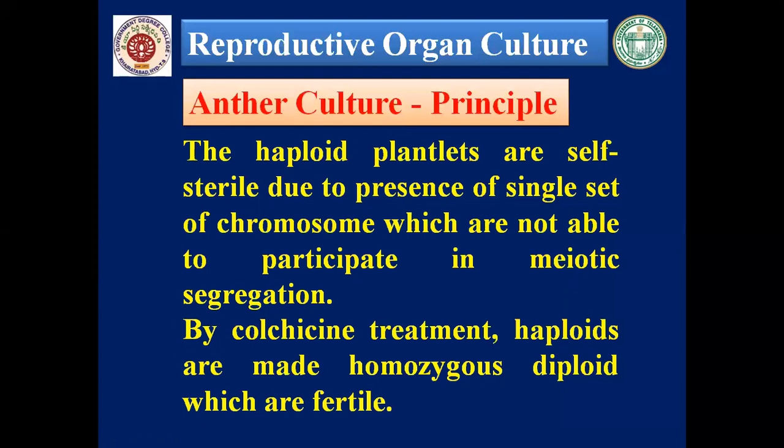Okay, so by default we won't get diploid plantlets until and unless we treat the anther or pollen grains with colchicine. Haploids are sterile in nature, whereas homozygous diploids are fertile in nature. So this is another important thing we have to remember while doing the anther culture technique.